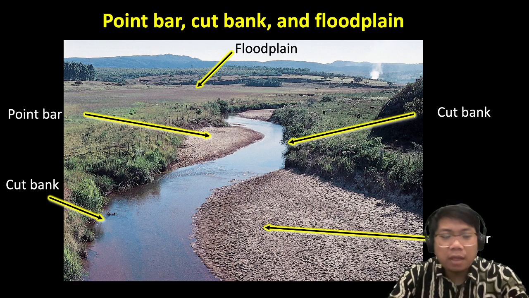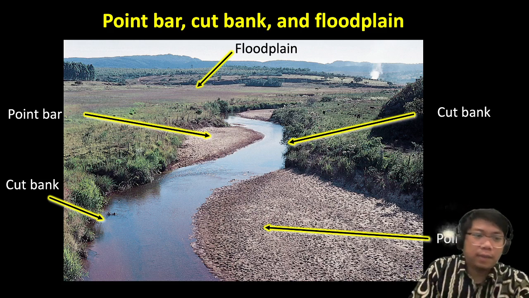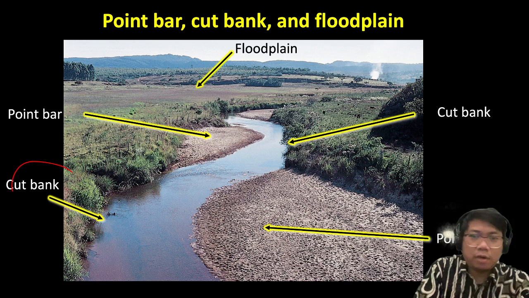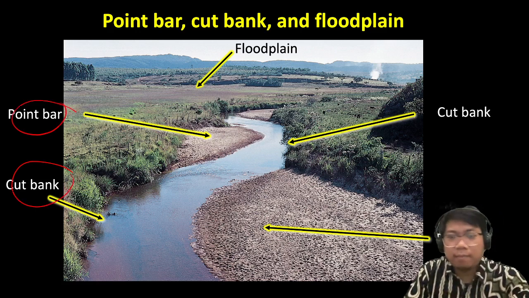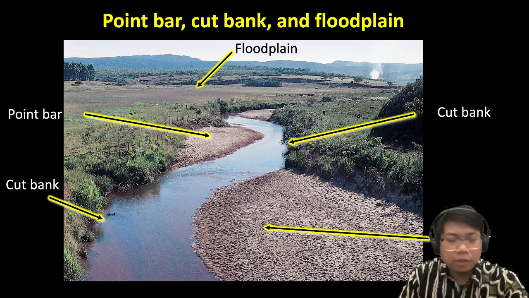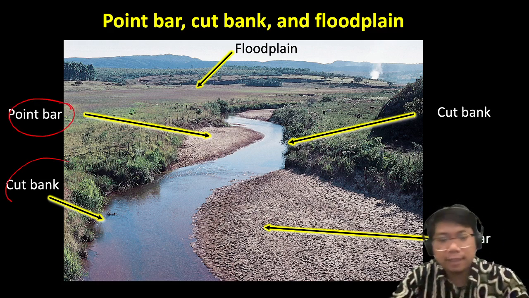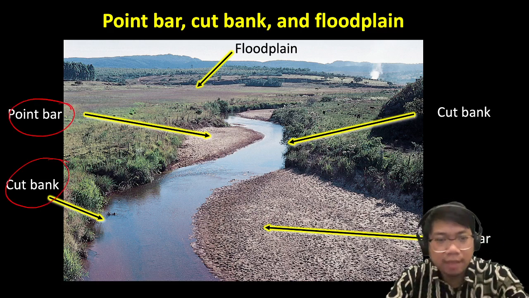Some anatomy of meandering rivers that I need to mention here include cut banks and point bars, and we already talked about floodplains a little bit. You need to be able to differentiate between point bars and cut banks at least, and identify which one is the floodplain.